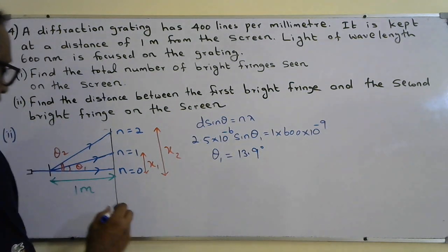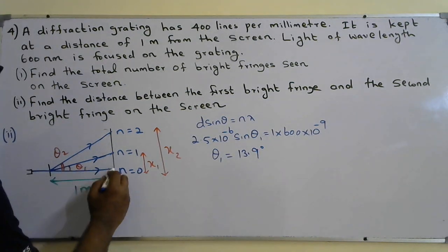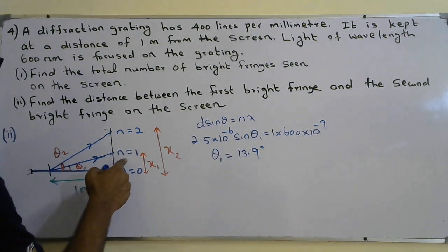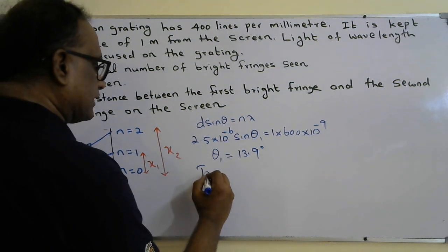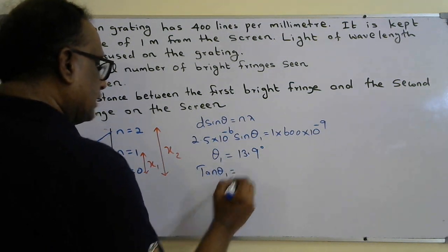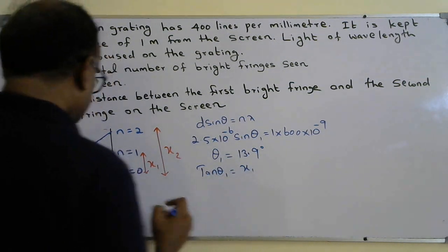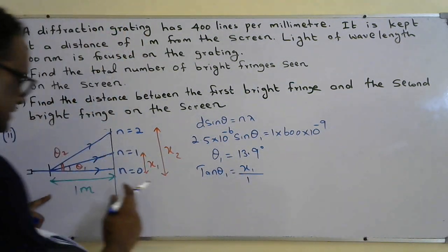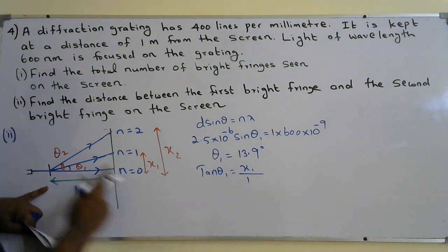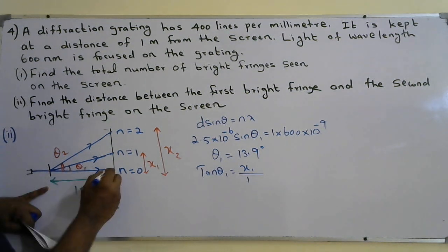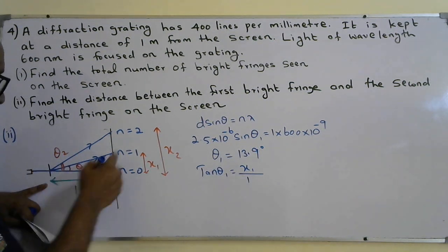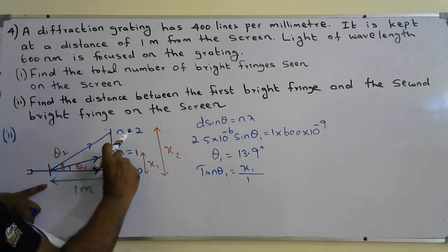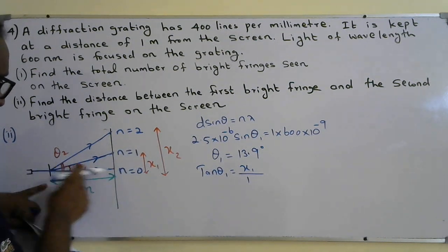Now consider this right angle triangle to find x1. tan theta 1 equals x1 over D, the distance from the screen to the grating, which is 1 meter. The capital D I used in my theory. Opposite over adjacent: opposite is x1, which I need to find, over 1 meter.